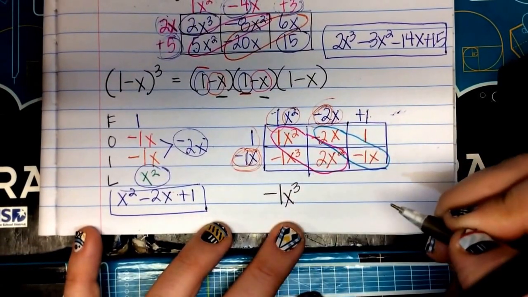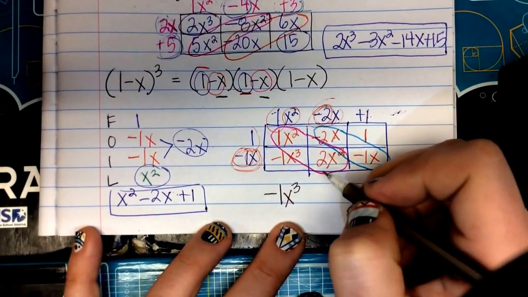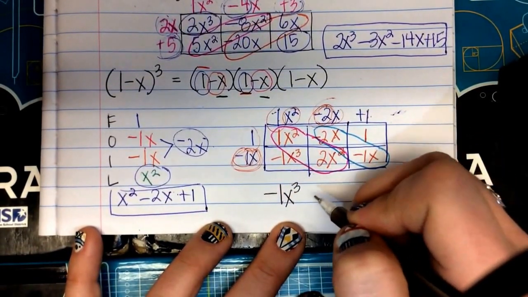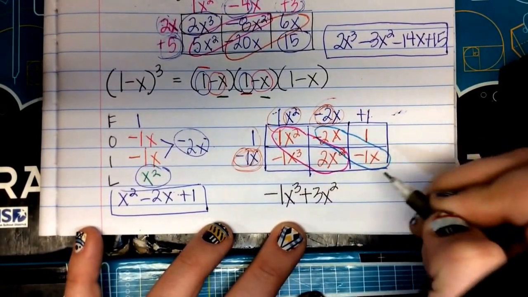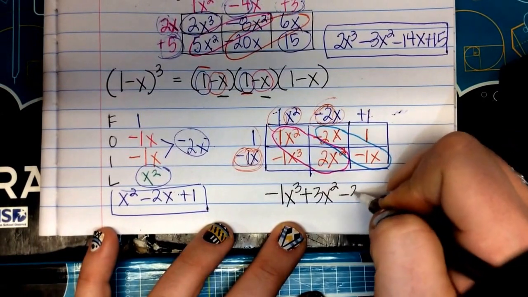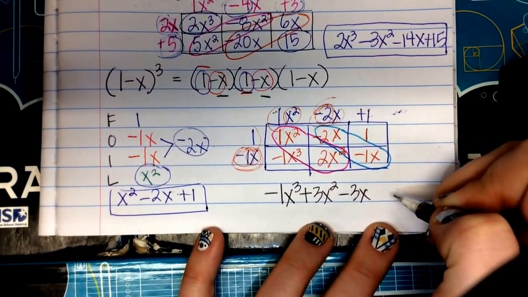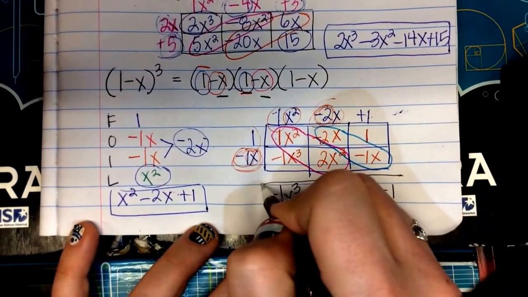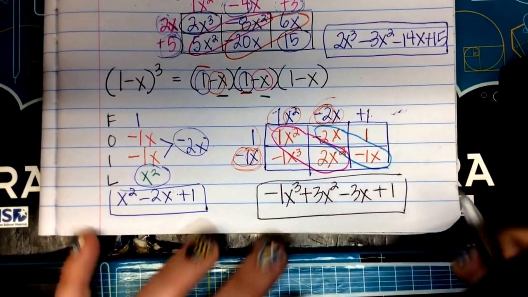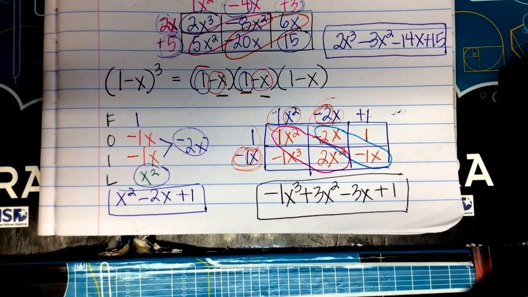Negative 1x to the third. Plus 3x squared. Why plus 3x? It's positive. Because it's positive. 1 plus 2 is 3x squared. Then negative 3x, positive 1. That's your final answer.